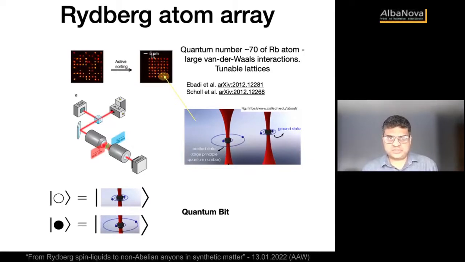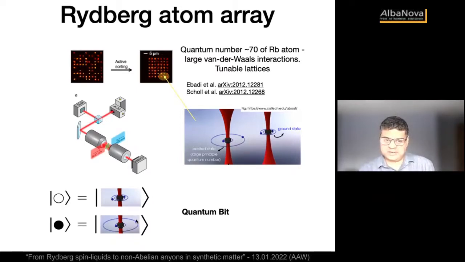You can see that this is of order a micron scale, so they're quite far apart as far as atoms go. And you can make this kind of perfect lattice. At each site, you can think of having a spin or a qubit, if you like. There are two states, 0 or 1, and the two states correspond to these atoms either being in their ground state or in an excited state.